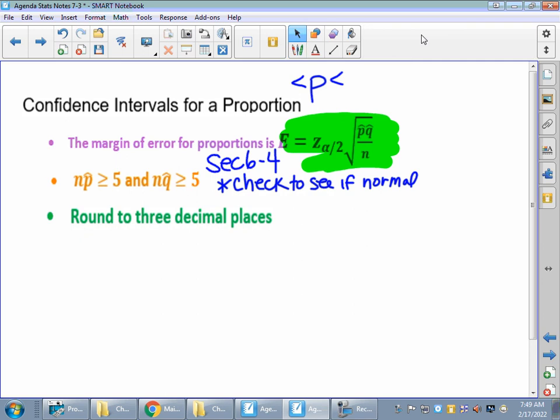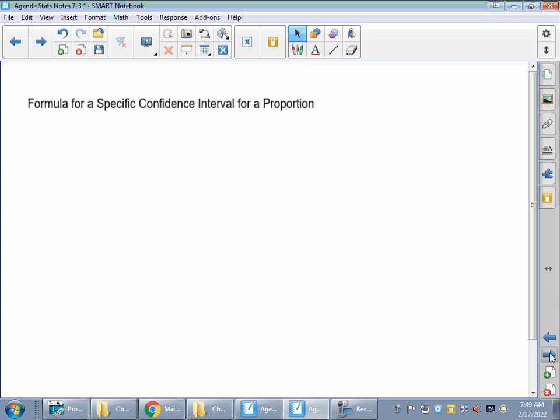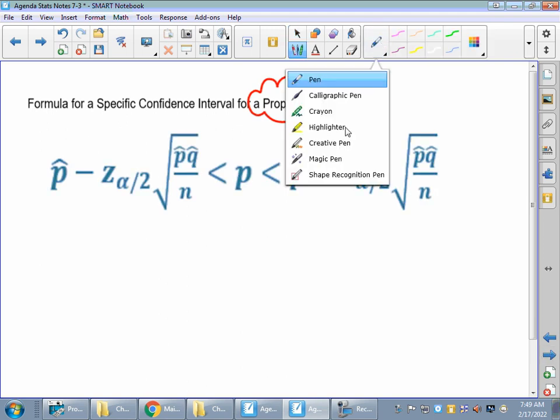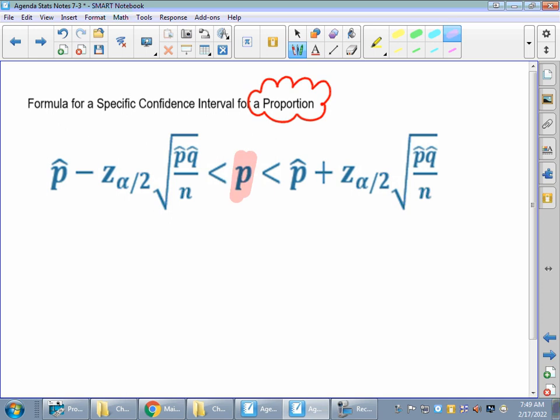All right, you ready for the formula? So our formula for a confidence interval for a proportion. I know I keep saying it over and over again, but please notice in the center of this interval is P, the population proportion. That's what we're estimating, or that's what we're making an interval for. So it's p hat minus that margin of error, z of alpha over 2 times the square root of p hat q hat over n.